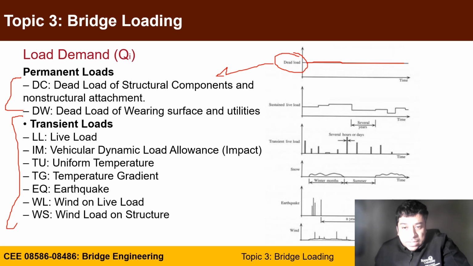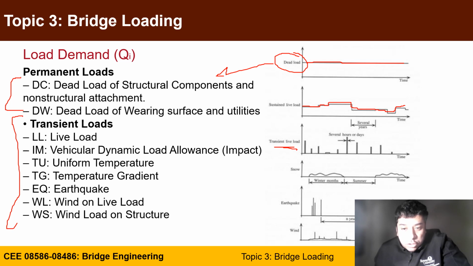You may have sustained live loads of a convoy of trucks that move over the bridge all the time. But for the big trucks or design trucks, you may have them as transient over time. So they are not constant. You don't have a design truck moving all the time.